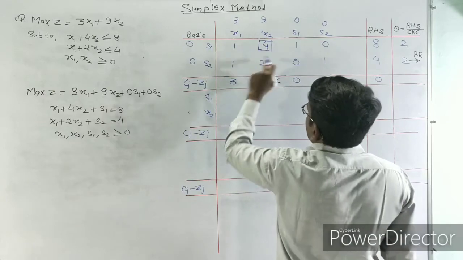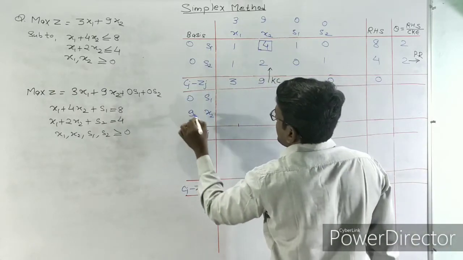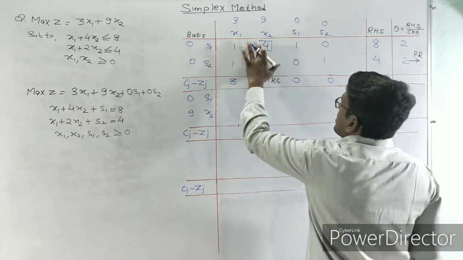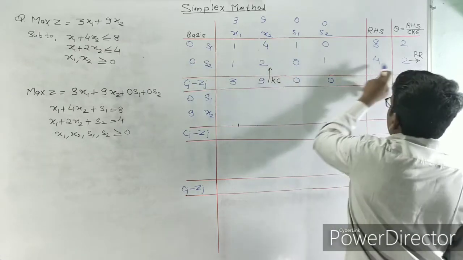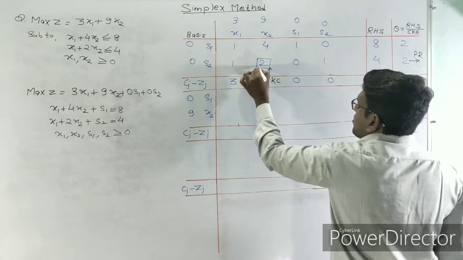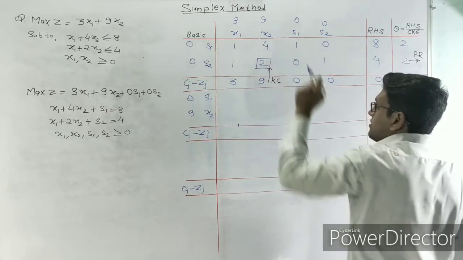So x2 has replaced variable s2. This is 0, this is 9. Now what we need to do here is, this will not be our pivot element. Our pivot element will be this now. So I have to make this as 1 and the remaining values in the column as 0.